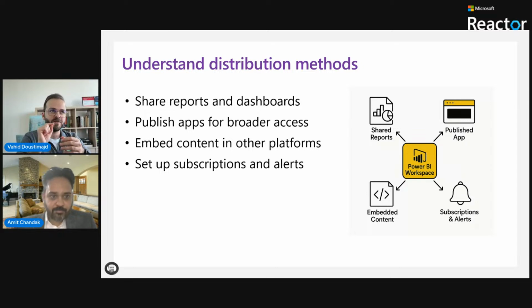But for each of them, you need to do it one by one. By creating an app, you can add the content from a workspace to that app, and then create different audience levels and say, okay, for this audience, for example finance, I want to add these people, and they will be able to see all the content you add there, and you don't need to grant access one by one. So that's the best method.